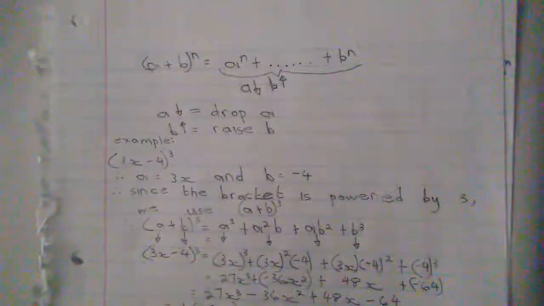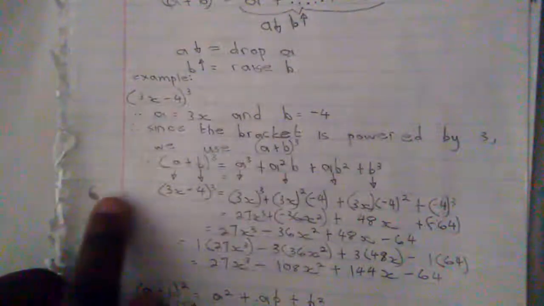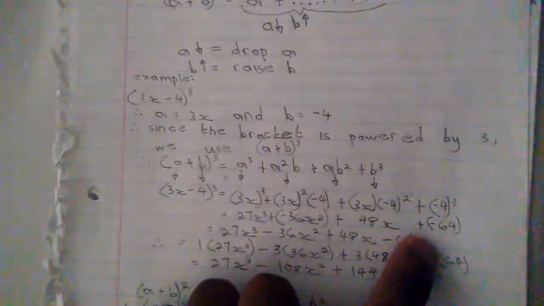So this is going to be equal to 27x to the third plus negative 36x squared plus 48x plus negative 64.